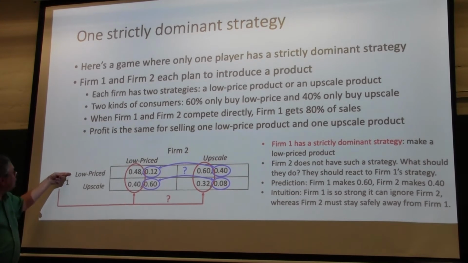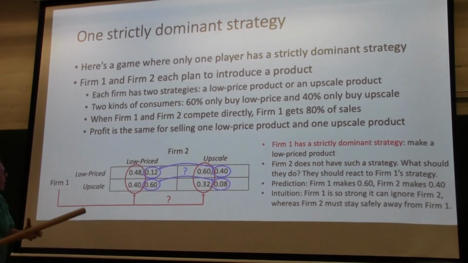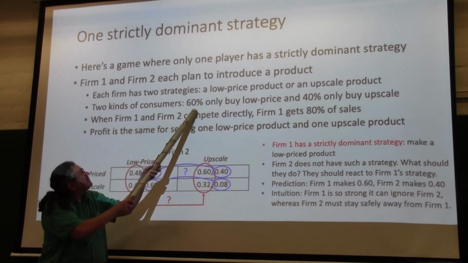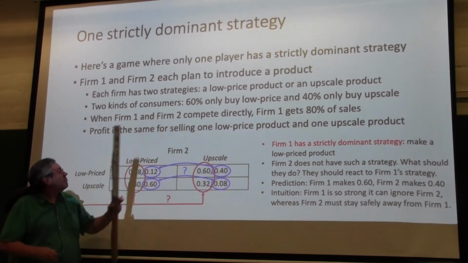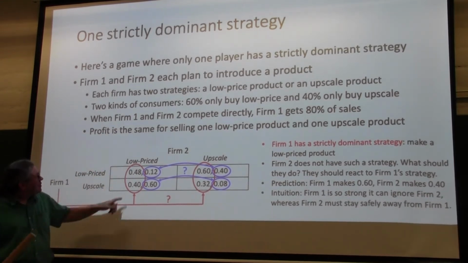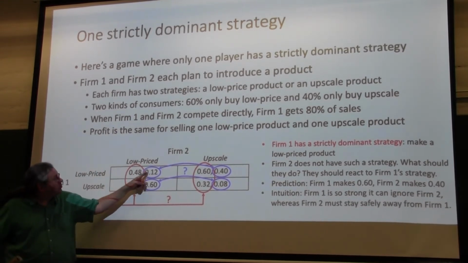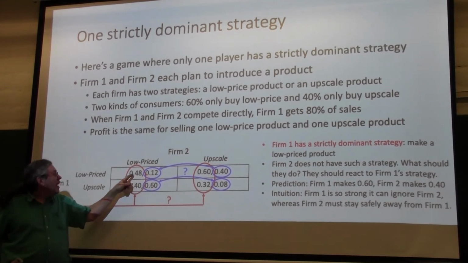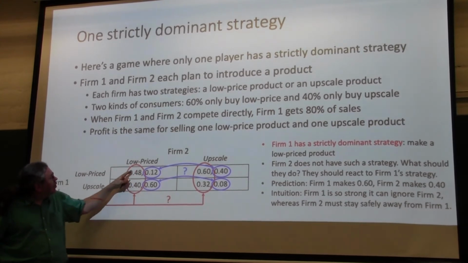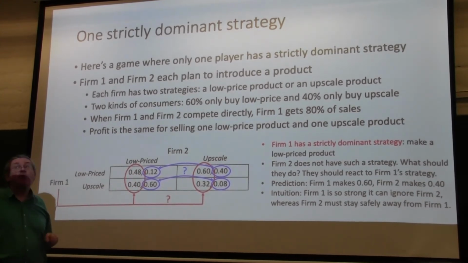Now if both do low price, well then they only have 60% of the customers, so they have fewer customers, and firm 1 will get 80%. So the sum of these two is going to be 60%, and one of them will get 80%, so 4 times as much as the other. So you get 0.48, 0.12.